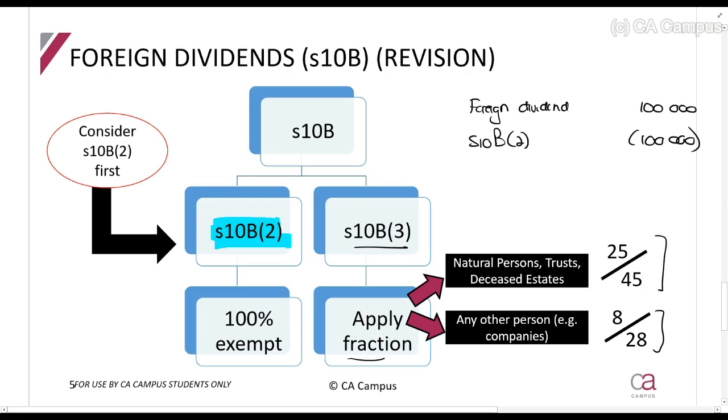So let's assume that this was now a company. So the exemption in terms of section 10B3 will be 100,000 times 8/28. And that gives us 28,571 as our exemption.